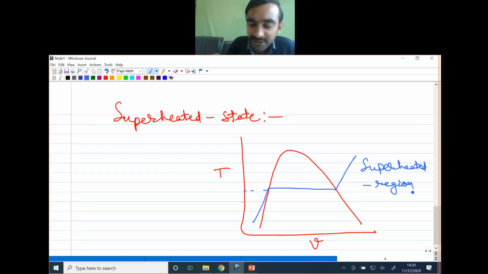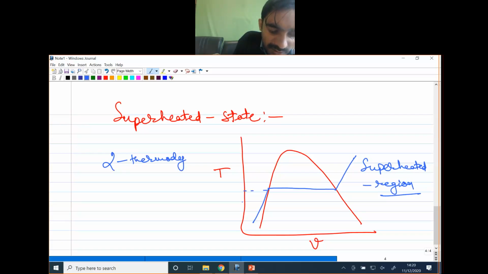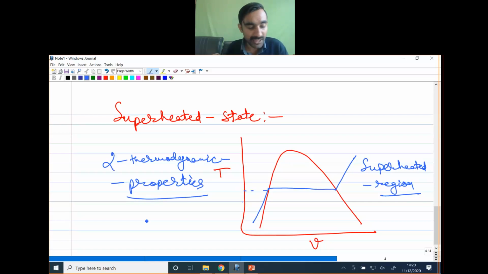And I have already told you that if we have a substance in superheated state, we require two thermodynamic properties to specify the state. How many properties are required? Minimum two thermodynamic properties are required to specify the state.